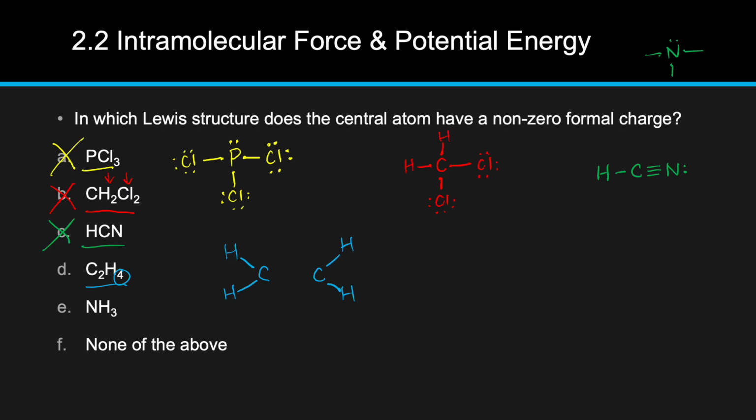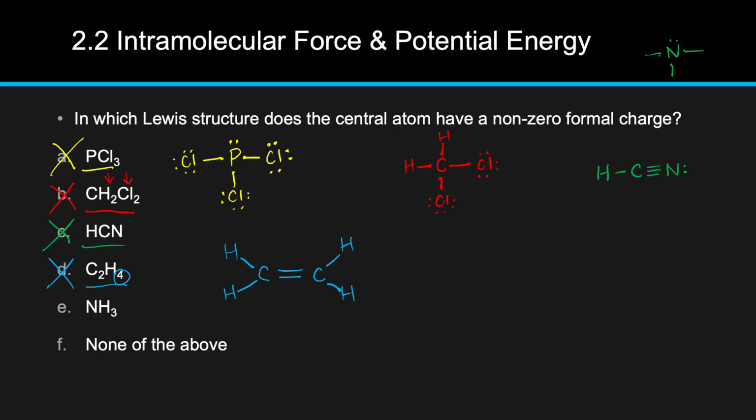And carbon wants 4 total bonds. Each one already has 2, so we're going to put the 2 other ones in between. So that would be a double bond there. Looking at these carbons, they both have 4 bonds, which means they have a formal charge of 0. So D would also not be the correct answer.